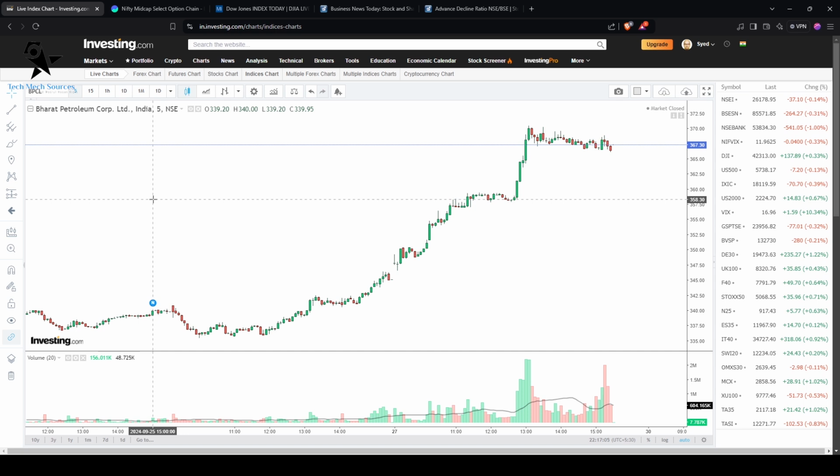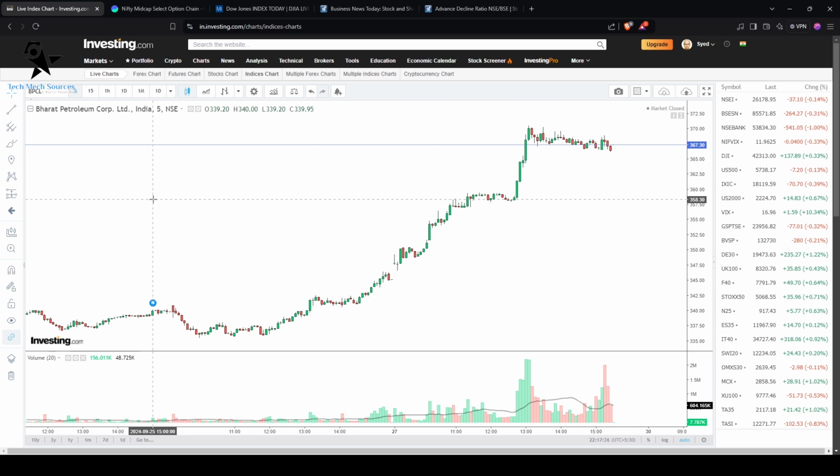Right now the spot price of BPCL is 367, and the movement on Friday was 346 minimum, 370 maximum. So a movement of about 24 points is huge in BPCL. Normally it used to move 5 points, 10 points.